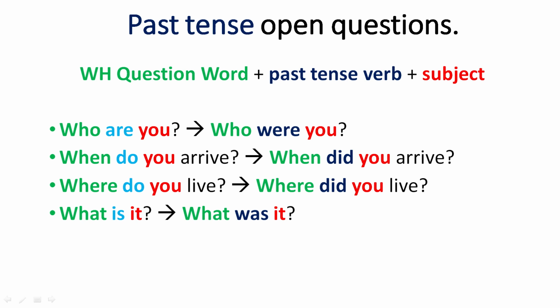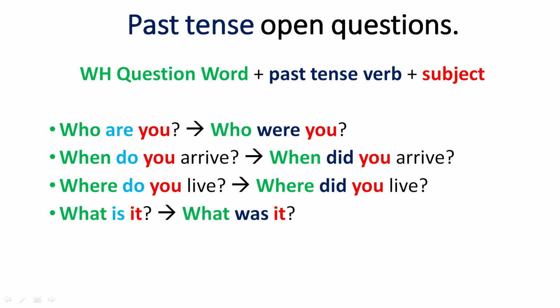When do you arrive becomes when did you arrive. The WH question word is when, did is the past tense verb, and you is the subject. Where do you live becomes where did you live.